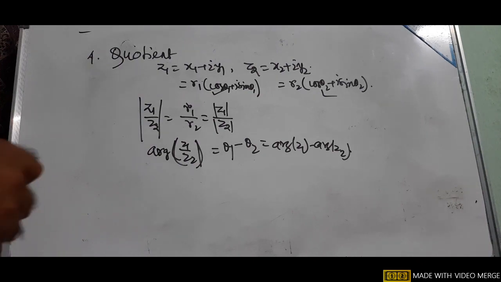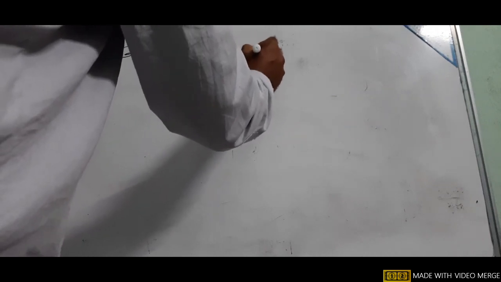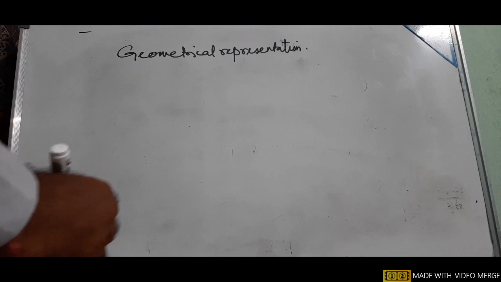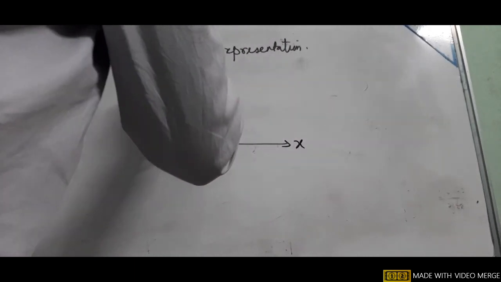So the geometrical representation of the quotient of two complex numbers, if you take in the complex plane, so it is x, this is y.